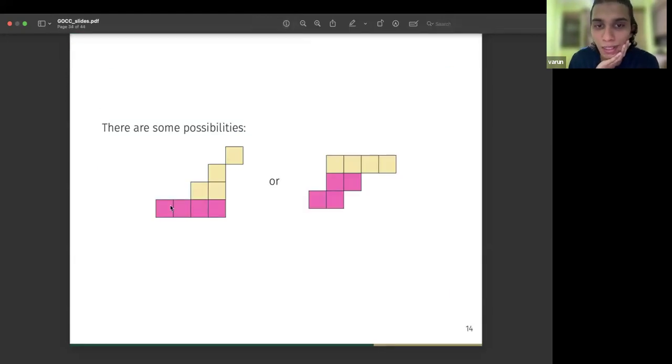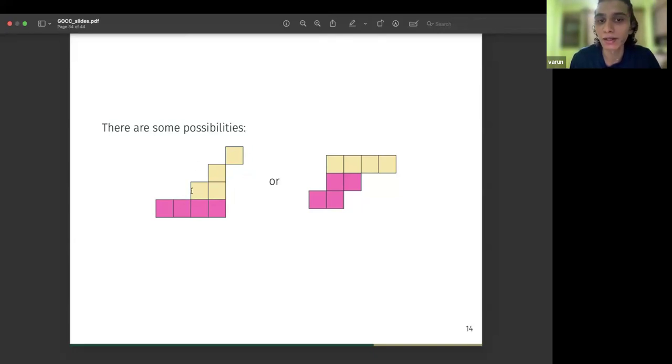So let's say we have the skew shape on the left, and we have a filling. And what I've done is I've marked the cells which are numbered from 1 to 4 in this yellowish color, and I've marked the cells which are filled with numbers 5 to 8 in pink.